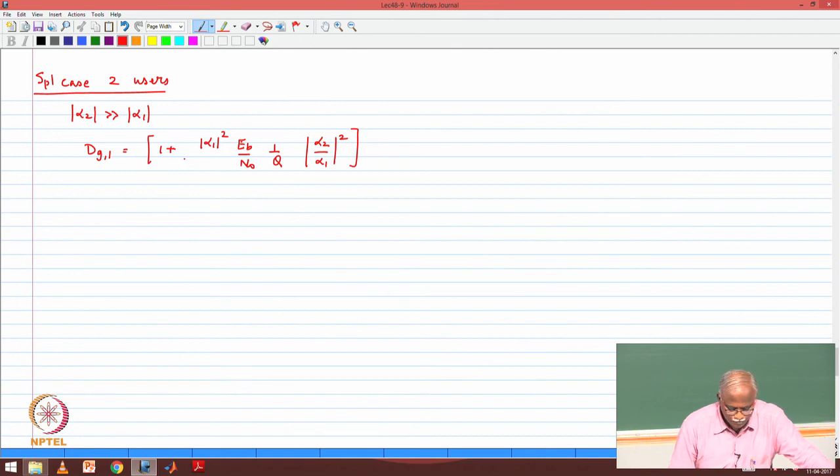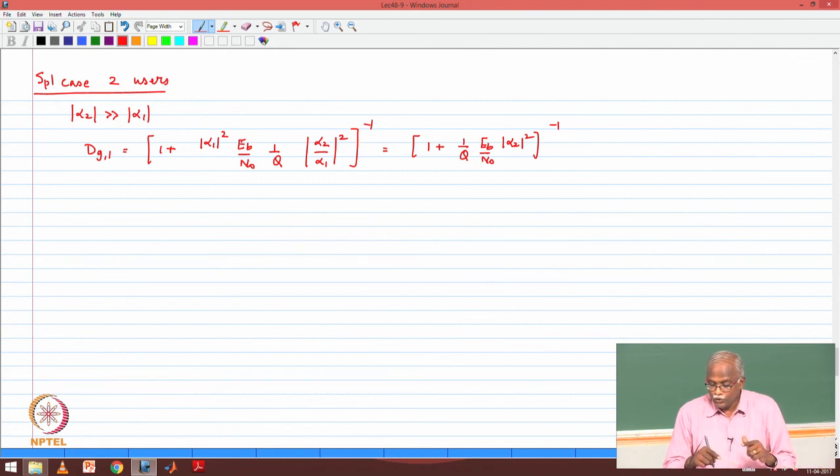Okay. So, this can be written as (1 + 1/q · EB/N0 · |α2|²) inverse. If α2 is much larger than α1, the degradation of SINR 1 is going to be much more significant than the degradation of SINR 2.